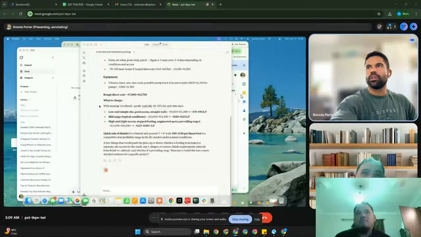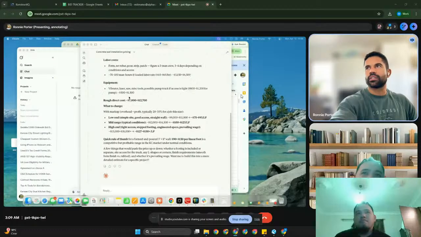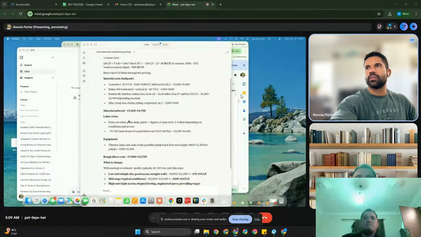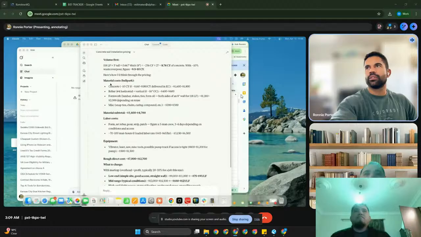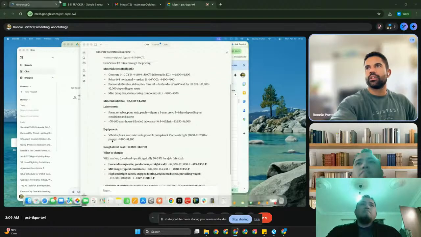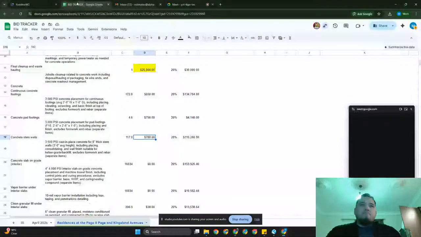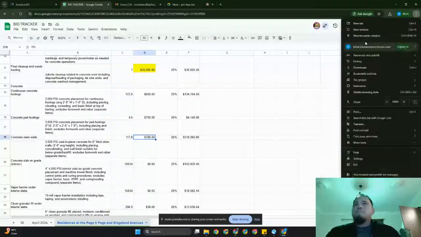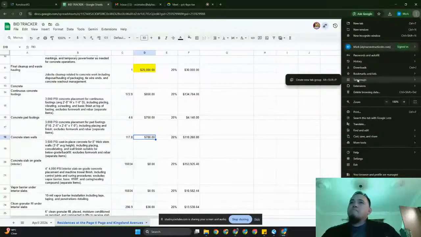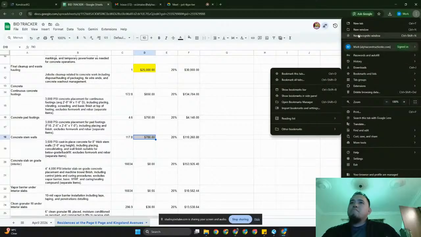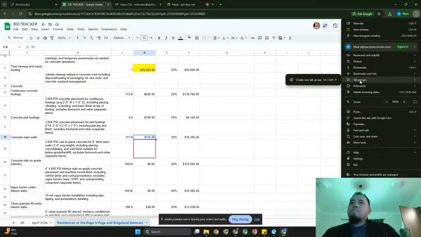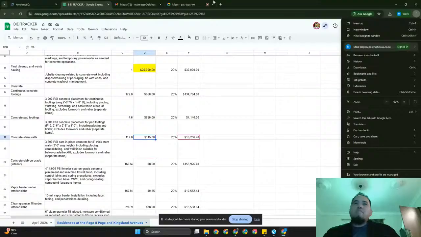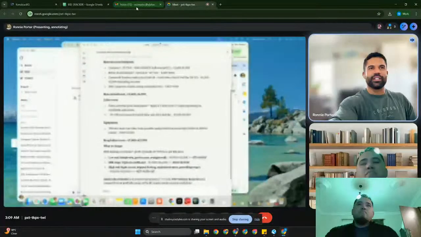So the stem wall, the rough direct cost, $10,000. Oh, we're not going to put that. We're going to put 115.